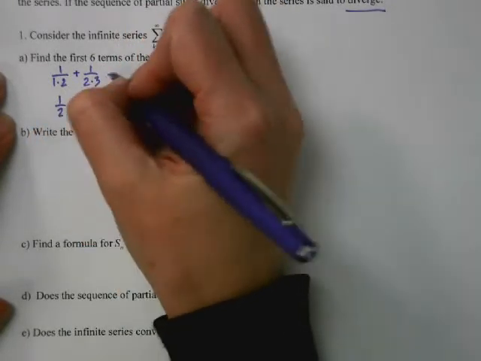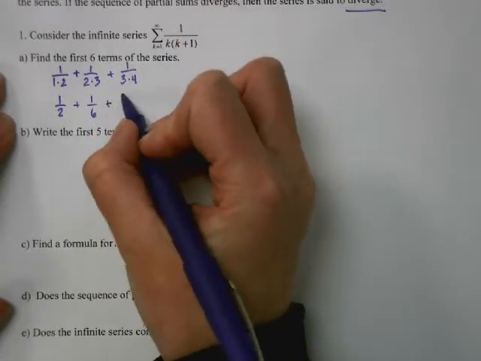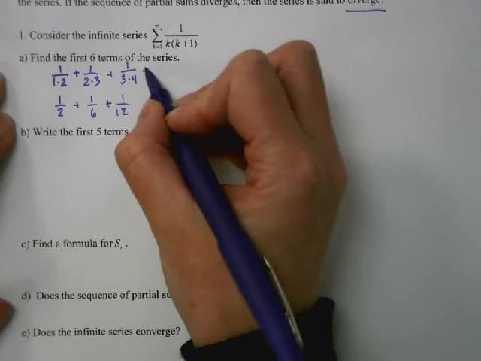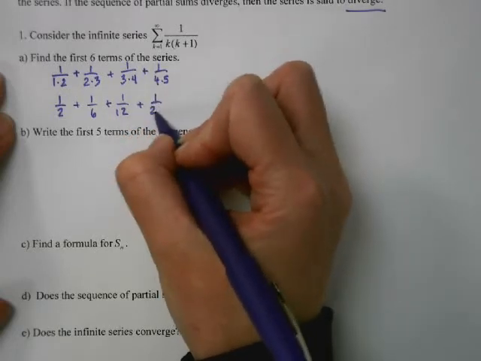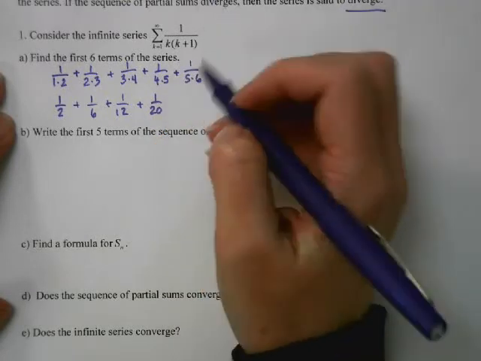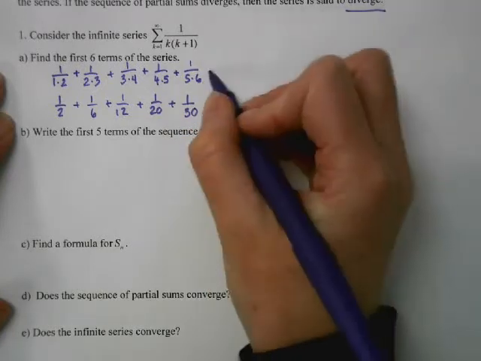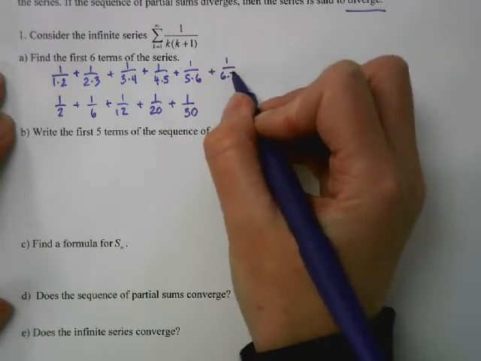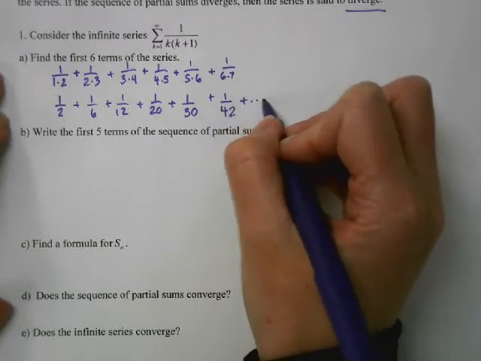So that's 1/6. 1 over 3 times 4 is 1/12. 1 over 4 times 5 is 1/20. And then 1 over 5 times 6 is 1 over 30, and one more, 6 times 7 is 1 over 42.